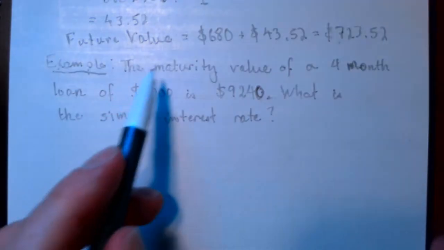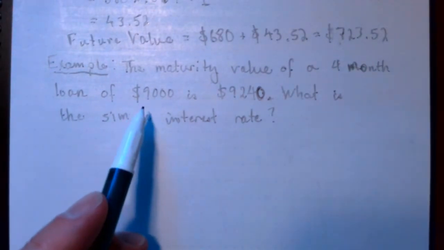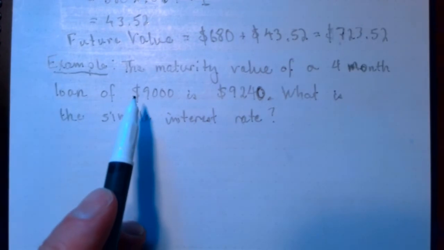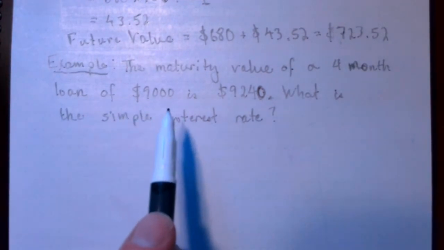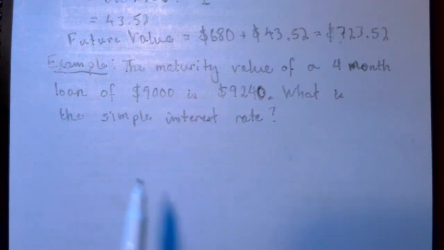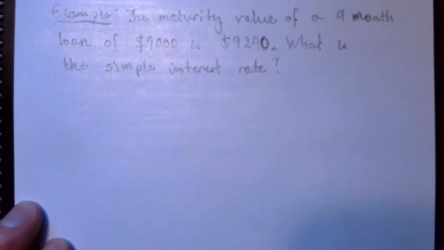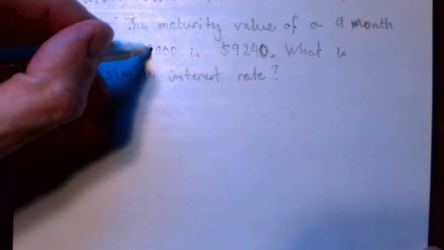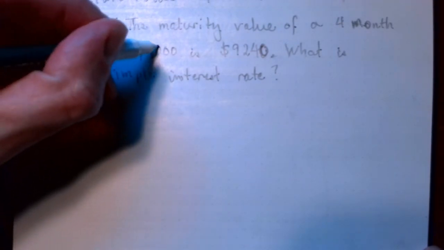Okay, so the maturity value of a 4-month loan of $9,000 is $9,240. What is the simple interest rate? So in this scenario, we know that we took out a $9,000 loan.